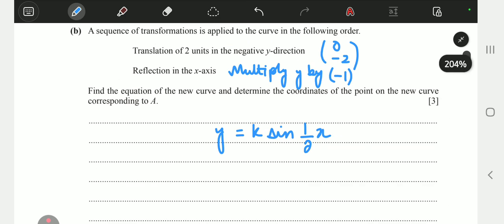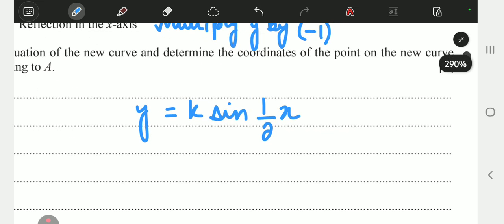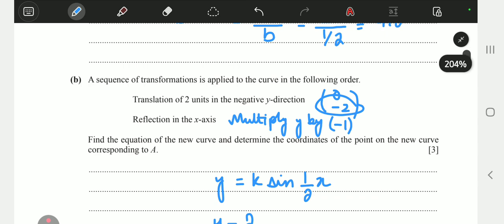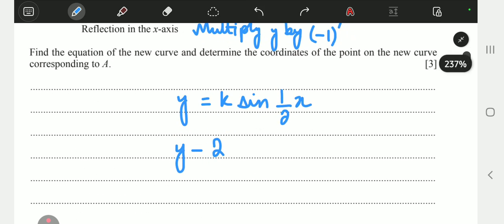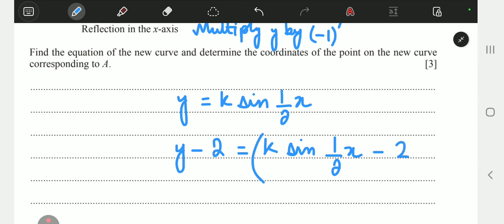First is the translation in the negative y direction, 2 units. That means y minus 2. Something is being subtracted from the y coordinate to move it in the negative y direction. So it will become y minus 2 equals k sine of 1 by 2 x.